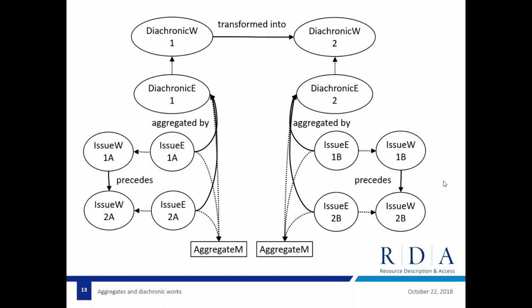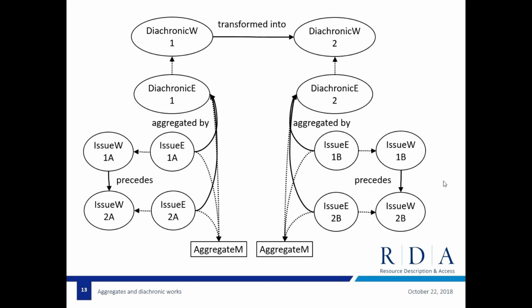I haven't put what the relationships are, but this is an aggregation relationship or an issue relationship. It gets issued in 2 issues. Each of those issues expressions has its own work, and we can say that one work precedes the other. And the whole lot of it is aggregated in the serial aggregate manifestation. Each of these issues has its own manifestation as well.